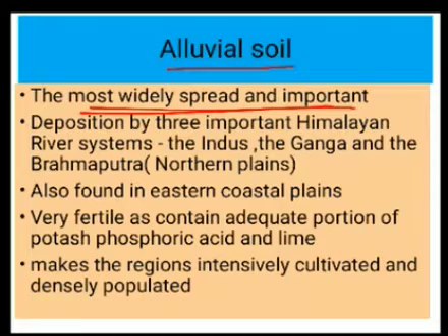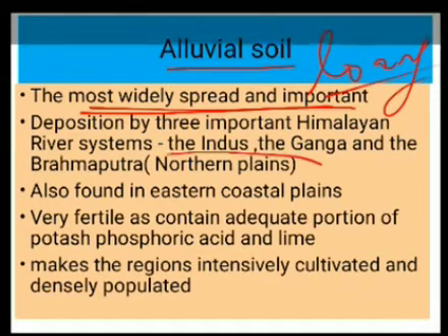It is of expanded nature, so alluvial soil has a good proportion, but again, we know there is diversity in the availability of resources. So we would say alluvial soil is the most widely spread and important soil. It is loamy in texture, you know that, which means equal or adequate proportions of sand, silt, and clay.